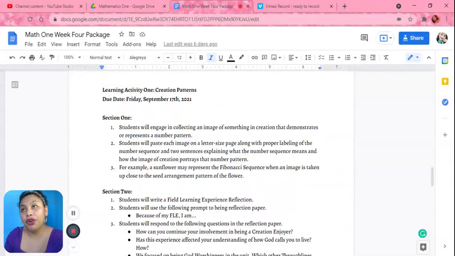When I talk about creation, it is basically everything. It could be nature, it could be us as people, but anything really is creation. But you have to choose something that shows a number pattern or can be related to one.